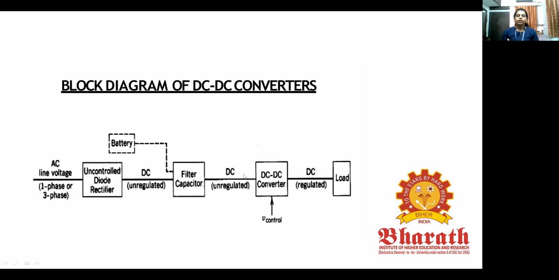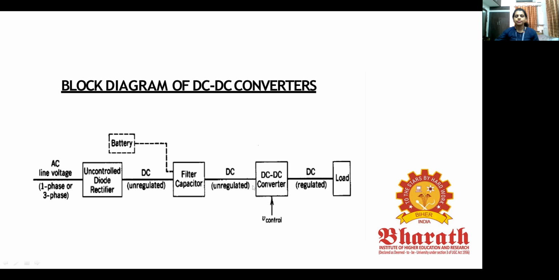So this DC to DC converter either increases the voltage or decreases the voltage. If it increases the voltage, you call it a step up converter. And if the output is less than the input voltage, that is, if the output is reduced, you call it a step down converter.